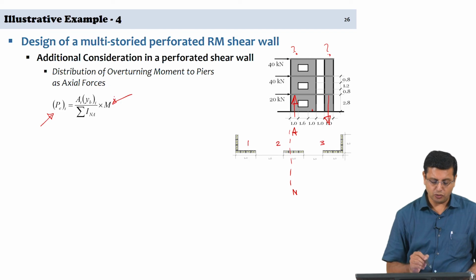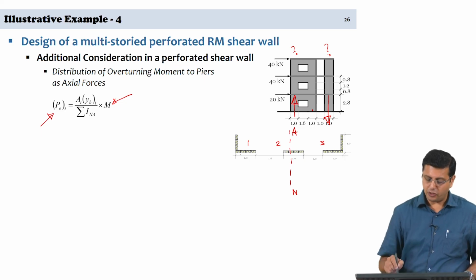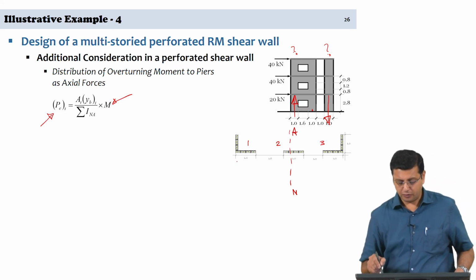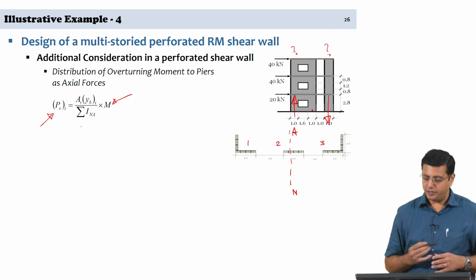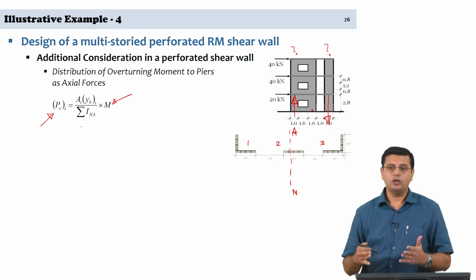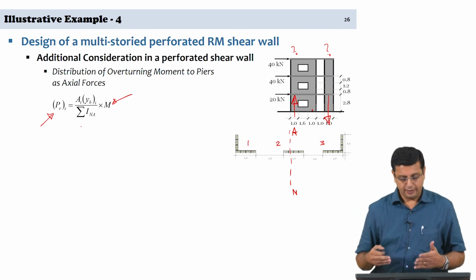So, the effect is due to the overturning moment into the respective areas into the distance between the centroid of that cross section from the neutral axis divided by the moment of inertia or the second moment of area of the cross section with respect to the neutral axis.